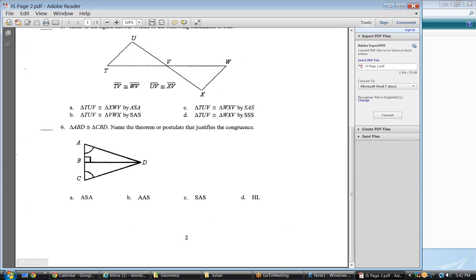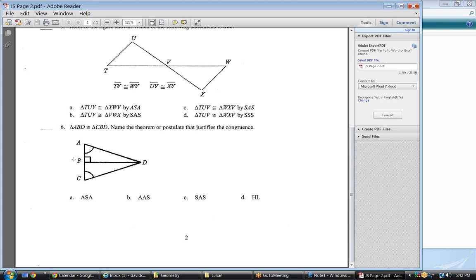Now, it turns out that AB is equal to BC only because we've proved those two triangles are congruent by angle, angle, side. And because they are congruent, AB is equal to BC. But you got to work with just the stuff that they give you.